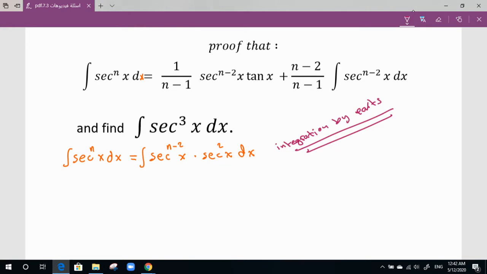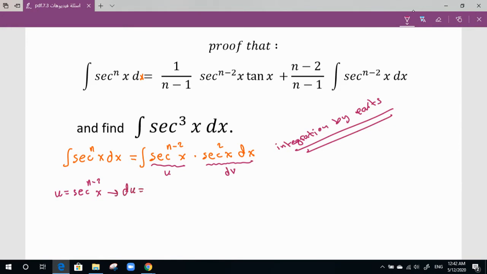I will take u equal secant to the power n minus 2, and I will take secant square x as dv, because I know the integral of secant square x, which is tan. So u equals secant to the power n minus 2.